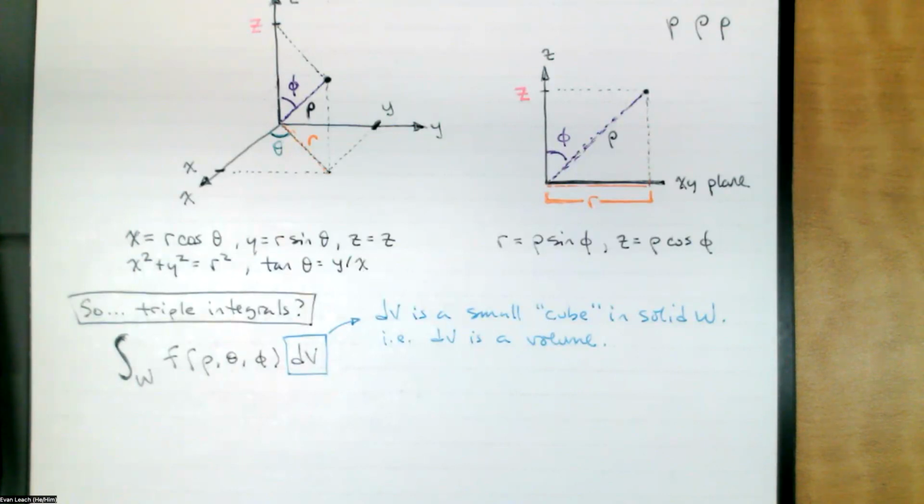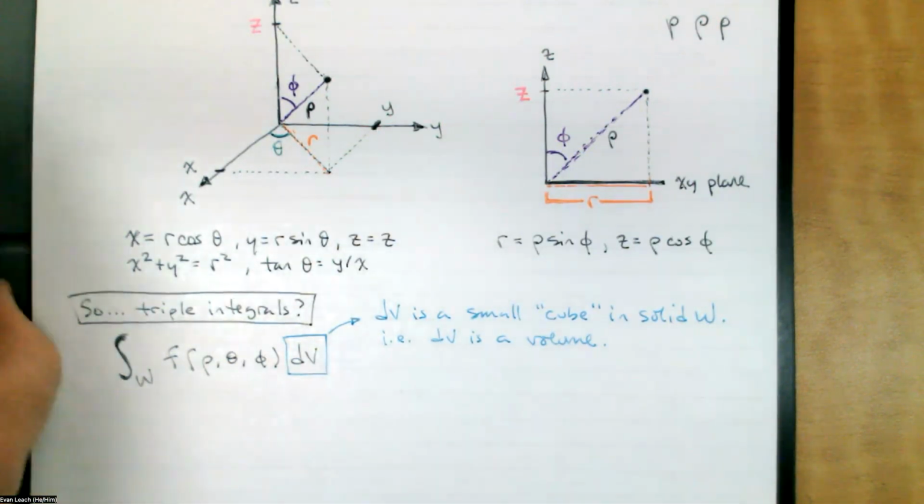That works with dx, dy, and dz because we have a distance, and another distance. We had to throw in that factor of r when we had dr, d theta, dz, because d theta was an angle, not a distance.